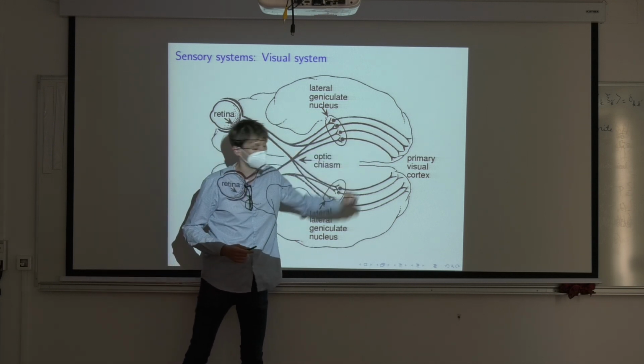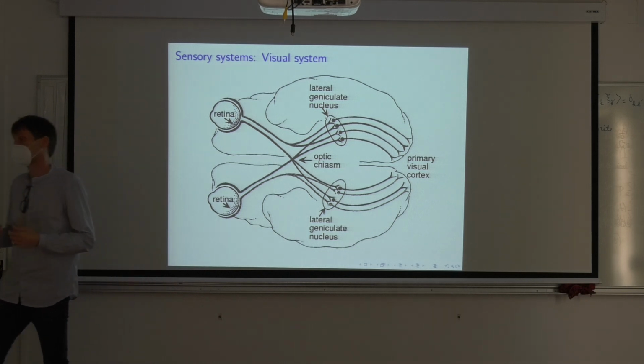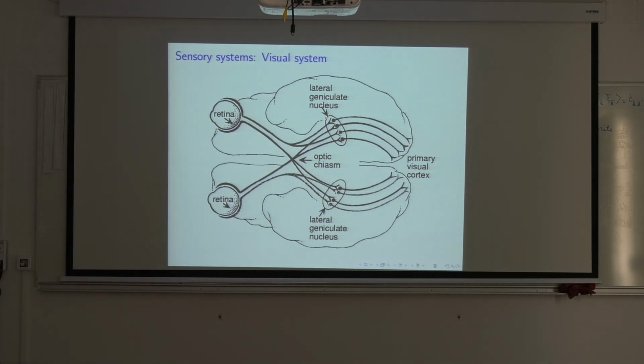So primary visual cortex is the first cortical area that receives visual information, and there are similarly sensory systems for all the other senses that I mentioned, so the auditory system, somatosensory system, etc.